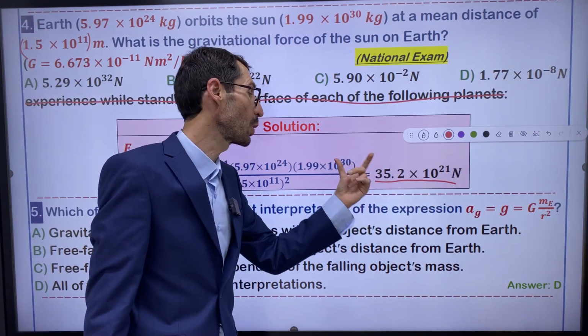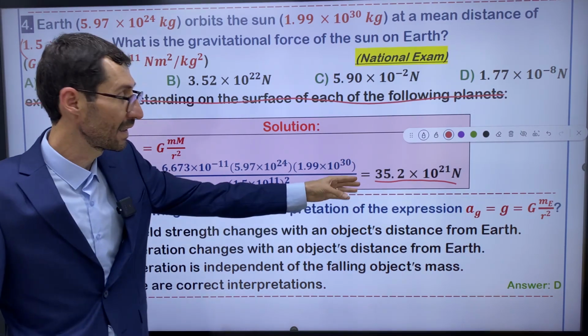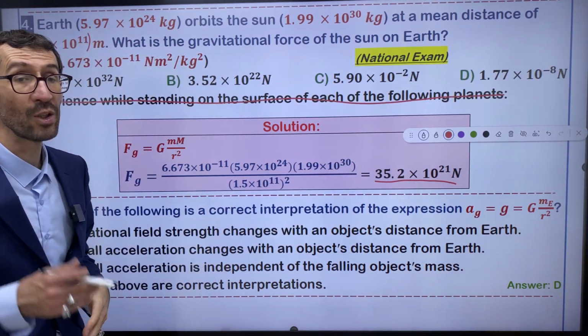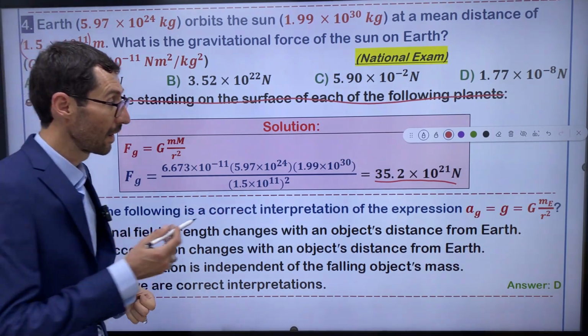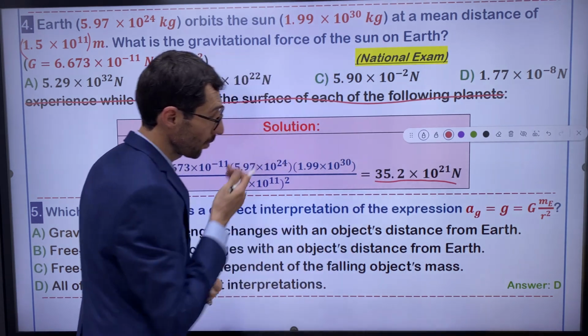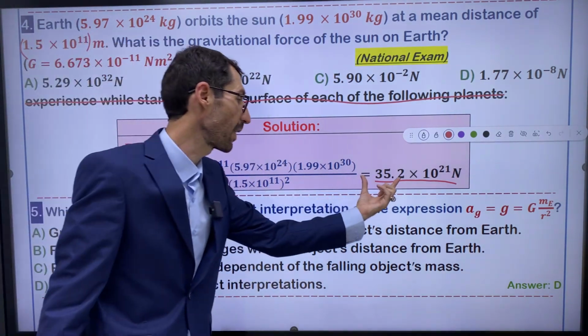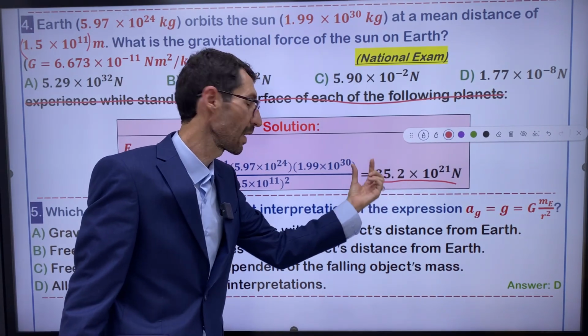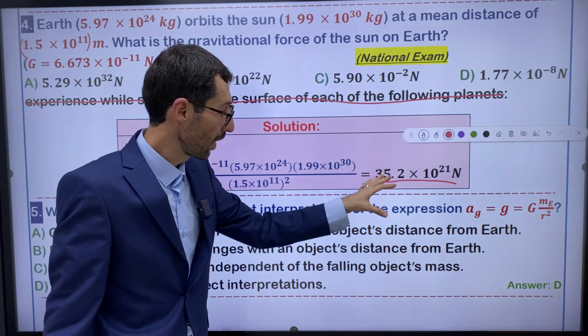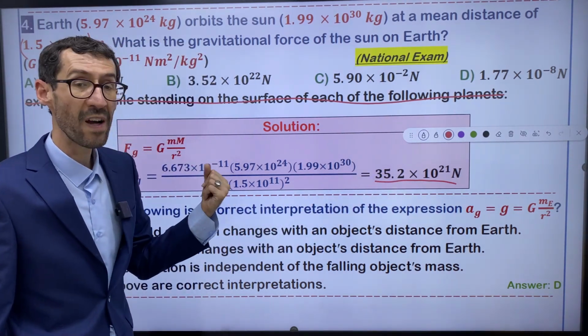So I want you to convert this one. I want to turn it into 10 to the power 22. How many decimal places are there for the coefficient? For the number, we have 35.2.